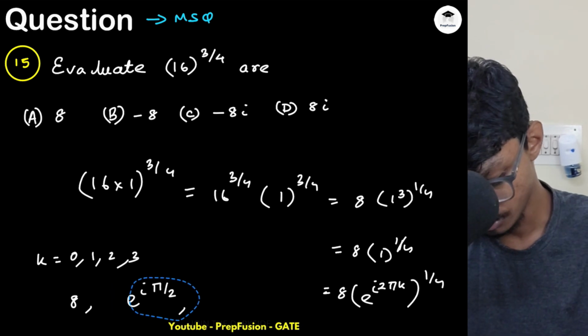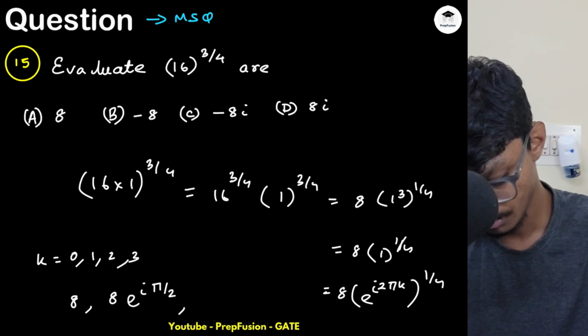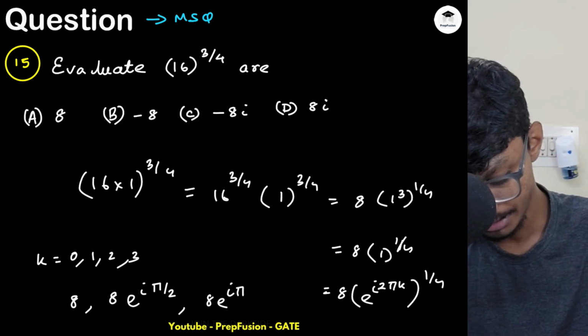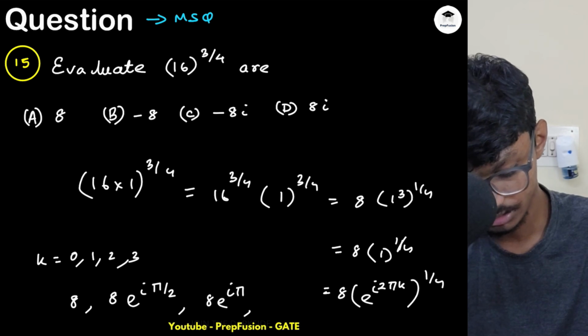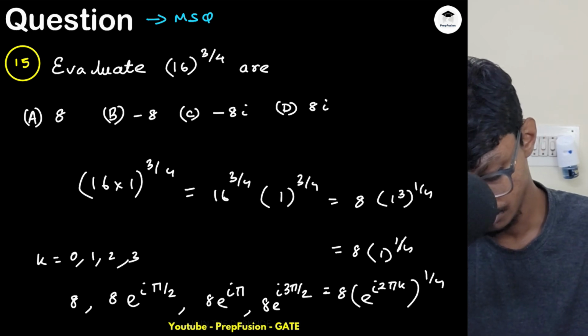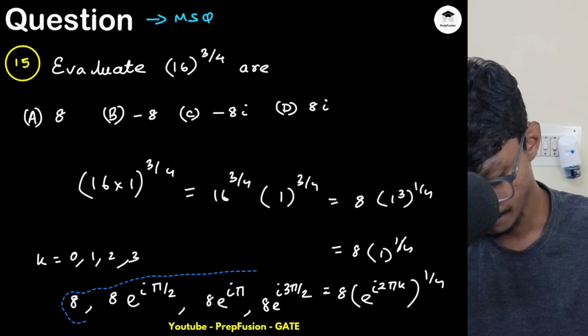Then 8 e raised to power i pi, and 8 e raised to power i 3 pi by 2.